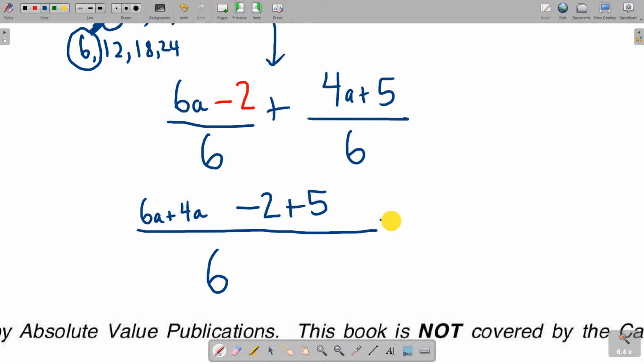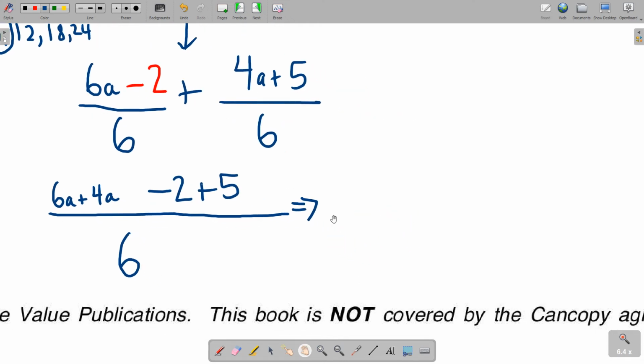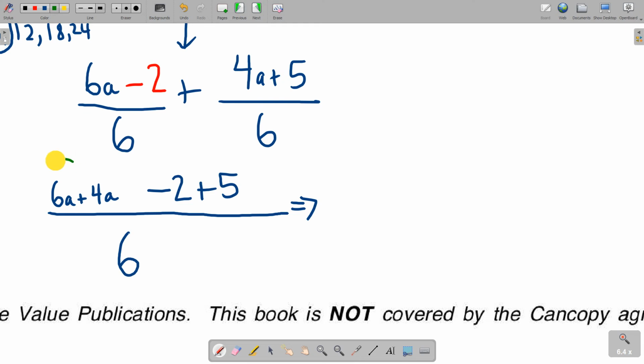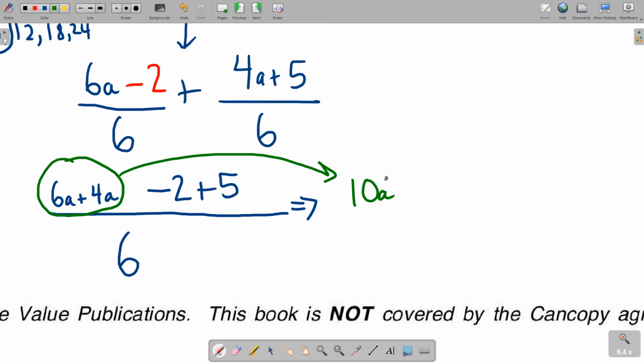And then I'll proceed to the right. And I'll do it in green, that this is a group of things that go together. 6a's and 4a's make 10a's. Minus 2 plus 5, I hope I got it right, plus 3.